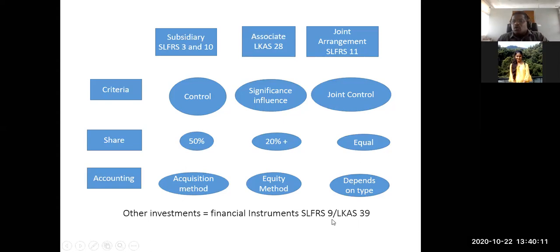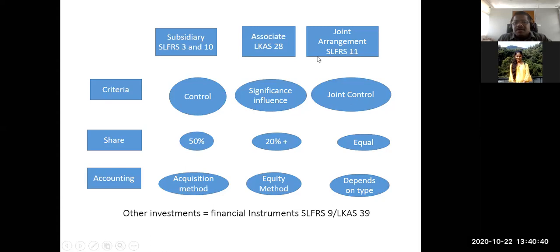So this is the broader picture if you are going to invest in a particular business: subsidiary, associate, joint arrangement, and other investments covered under SLFRS 9 and LKAS 39. Is it clear?